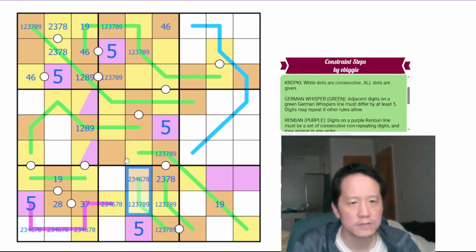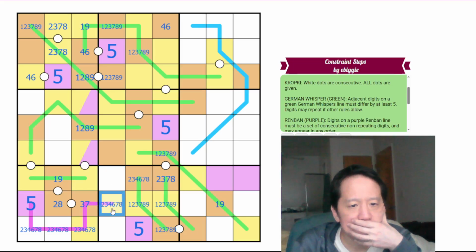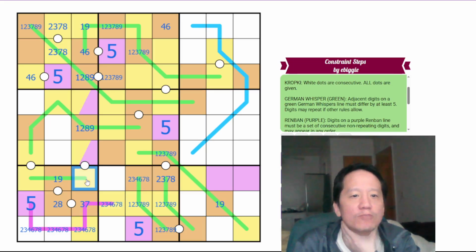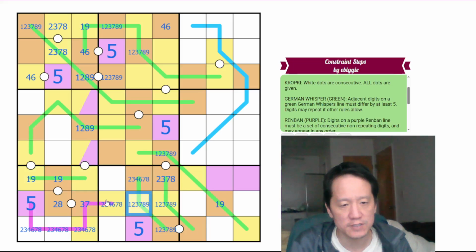Let's see. This cannot be 1, 9 yellow. So this has to be the 1, 9 yellow, which means this is the same as this digit.